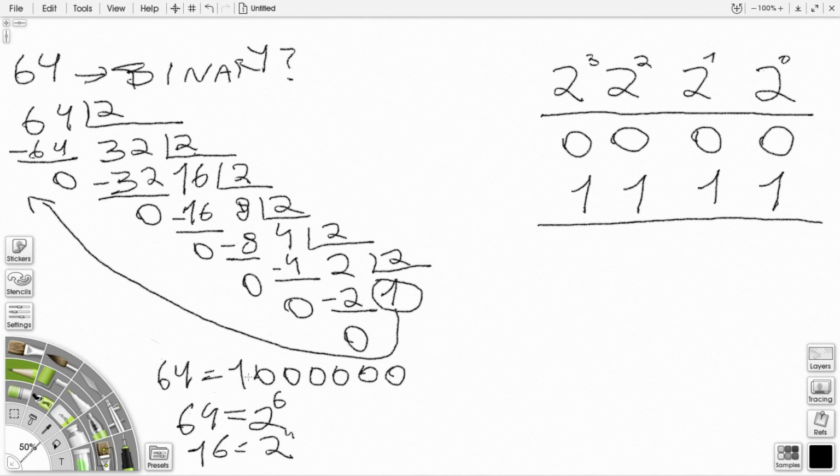Whenever we want to represent in binary a decimal number that is a power of 2, what we have is simply a 1 to the left and a bunch of zeros. The rest is all zeros.